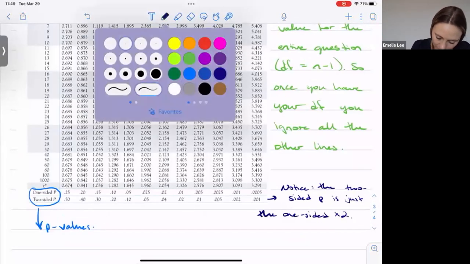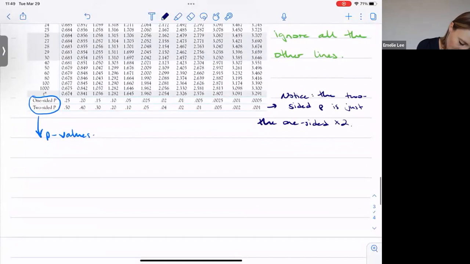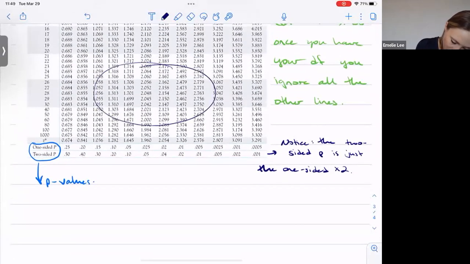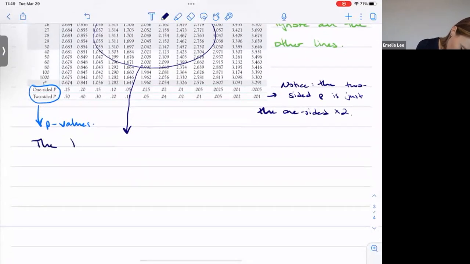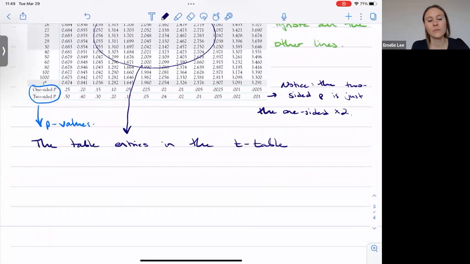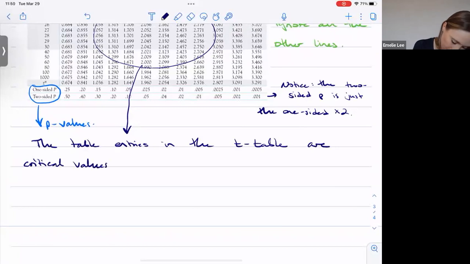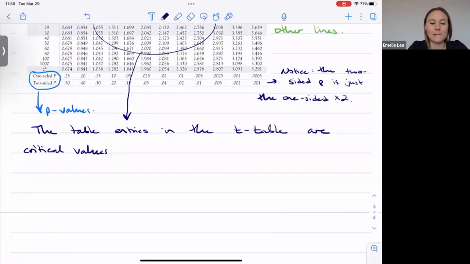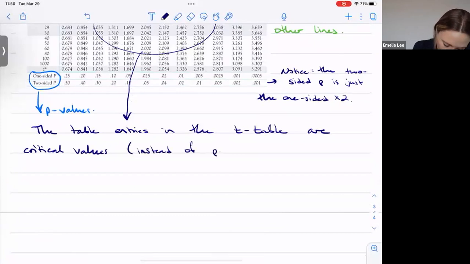Okay, so the table entries, here I'm just going to talk about these in general. The table entries in the t-table are critical values, instead of probabilities.